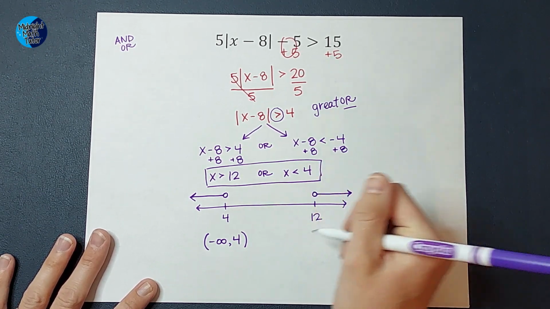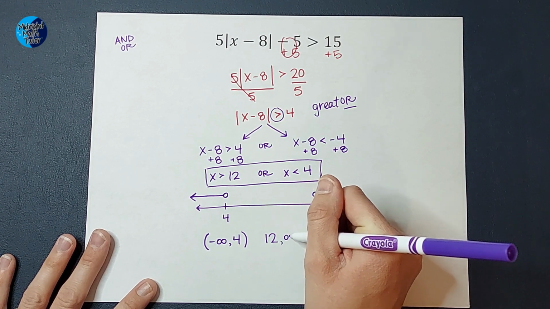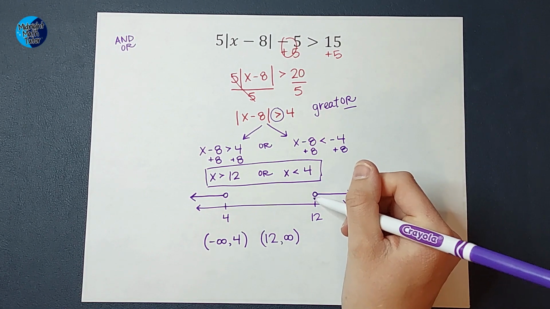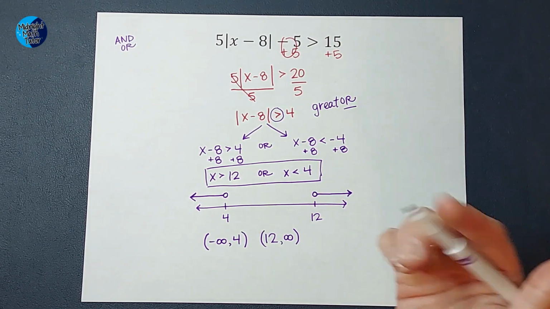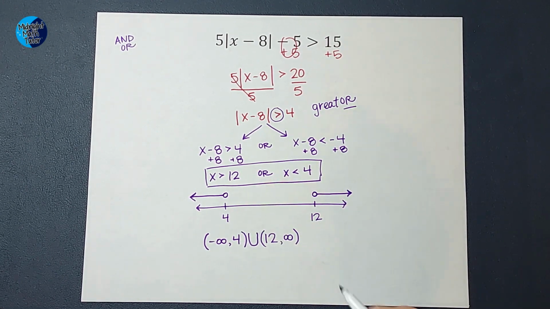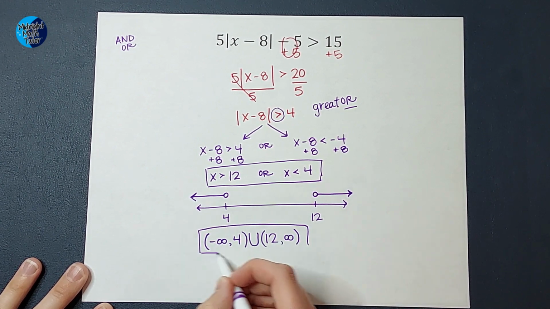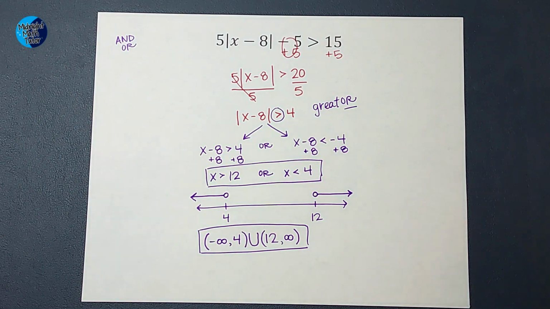And then we have over here, we can pick anything from 12 to infinity. And we use parentheses again, not brackets, because it can't actually be 12. And infinity always gets a parenthesis, okay? And then we put a little u in the middle to show a union that these are together, okay? So this and this are the same answer, just written in different forms, okay?